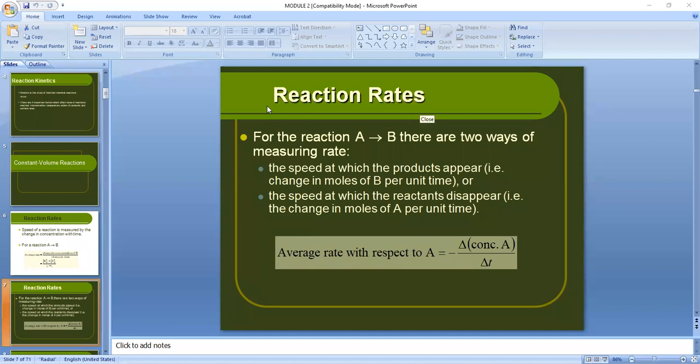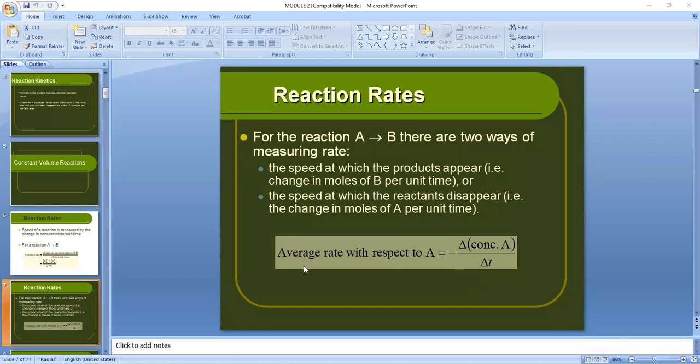If A is being consumed in the course of the reaction, it follows that this change in the concentration will be negative. And since you're being asked about the average rate, you cannot answer a negative value. So to compensate for that negative drop or decrease in the concentration of A, just like what your classmate mentioned in the chat box, we have to write a negative sign here. That way your answer will be positive at all times.